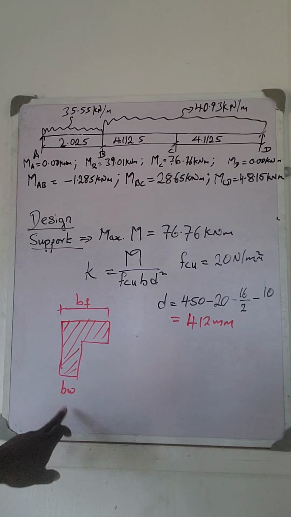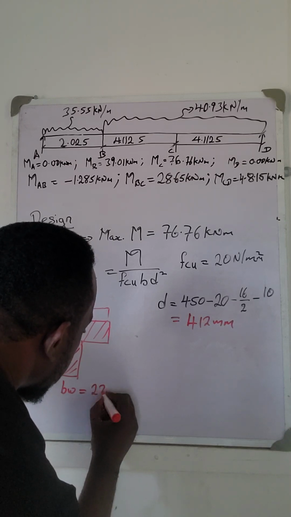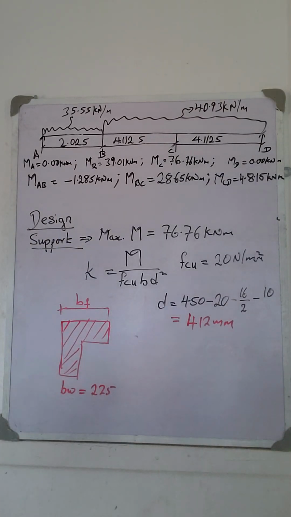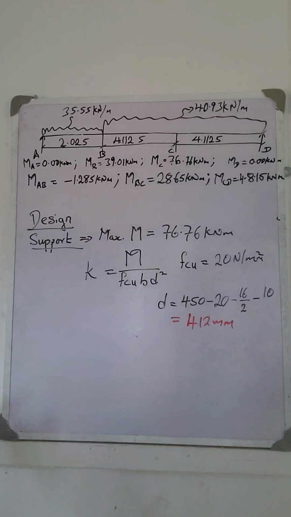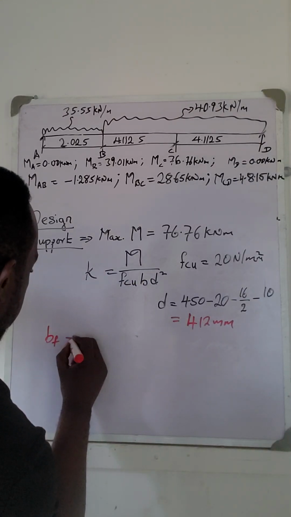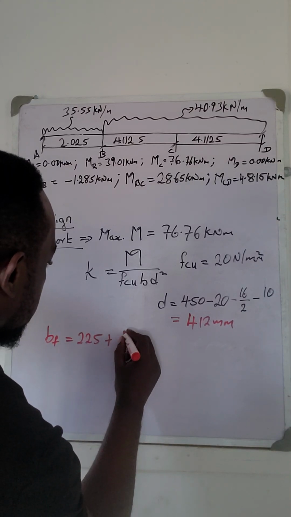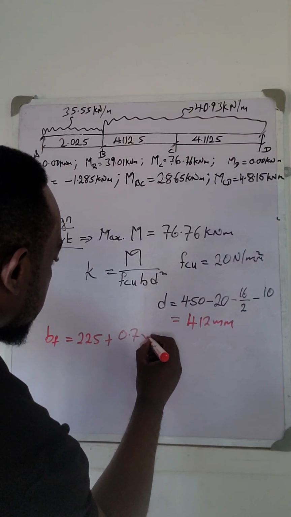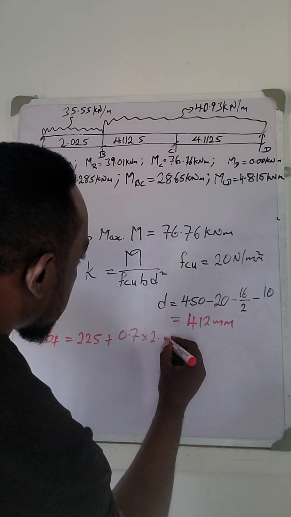This is the web. It's always taken to be the width of the wall, which is 225 in our case. Now when you compute the values, we are going to have BF equals 225 plus 0.7 multiplied by 2.